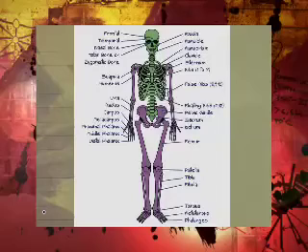I think you can very clearly see here that the parts of the skeleton showing in green are in fact the axial skeleton. The parts in purple are the appendicular skeleton, hanging from that central structure.